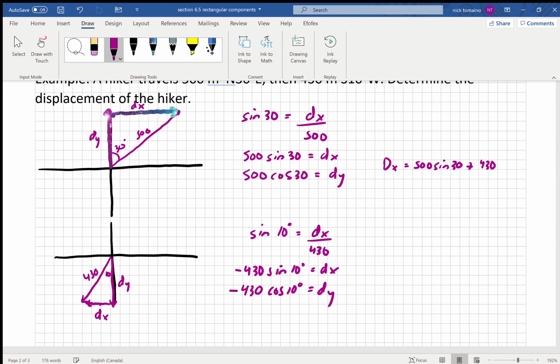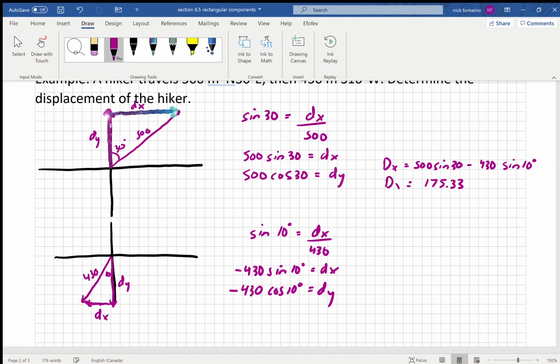Okay, so minus 430 sine 10. Okay, and we are going to get 500 sine 30 minus 430 sine 10, and that is 175.33 in the positive x direction.